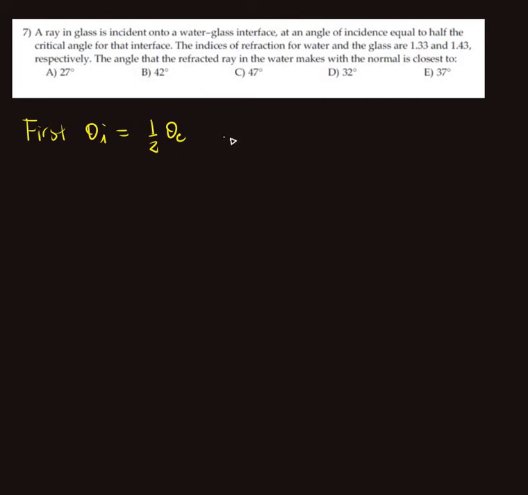In this case, if we're using this expression for the critical angle, we know that the index n1 is going to be bigger than n2. The equation says that the critical angle is equal to sine inverse of n2 divided by n1, which in this case, with the indices of refraction given, is sine inverse of 1.33 divided by 1.43.